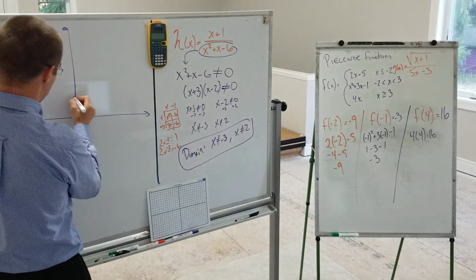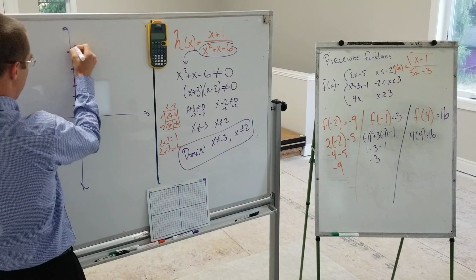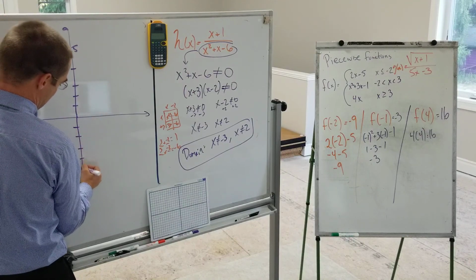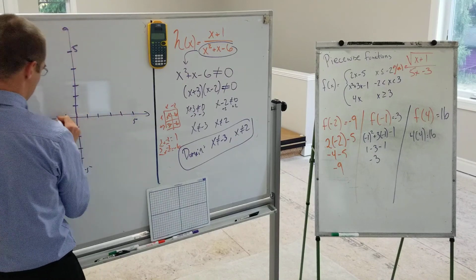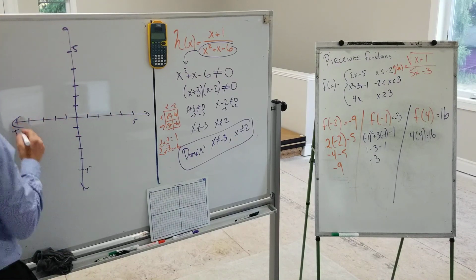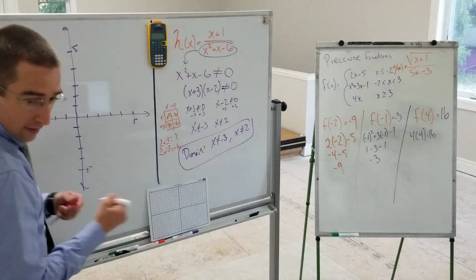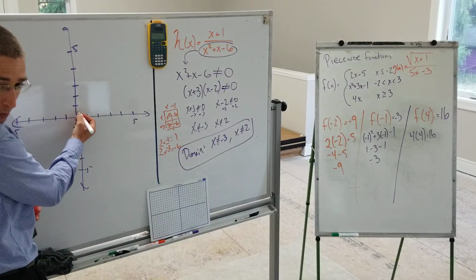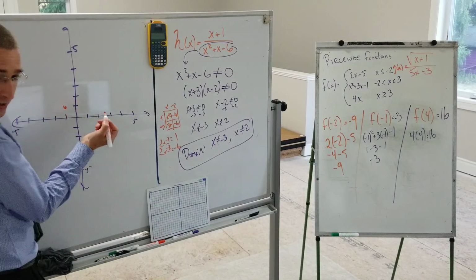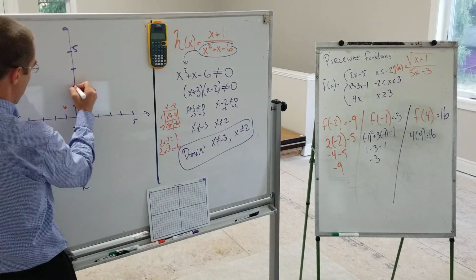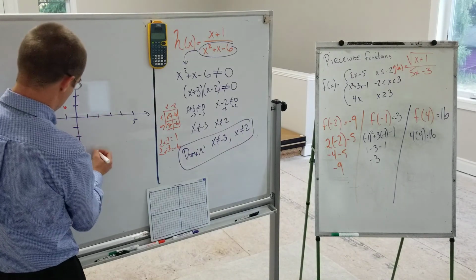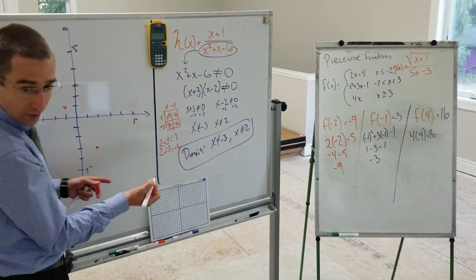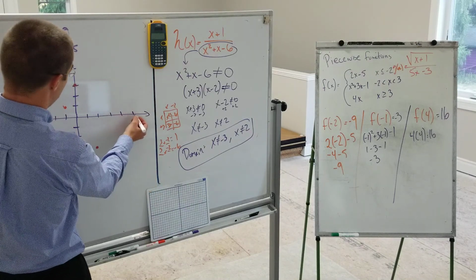Let's go 1, 2, 3, 4, 5, and 1, 2, 3, 4, 5, -5 on each axis. Okay. And let's say we're here. And this is just the example out of the textbook. I'm just copying it. So, you know, don't need to reinvent the wheel every time. Let's say we go to 500.